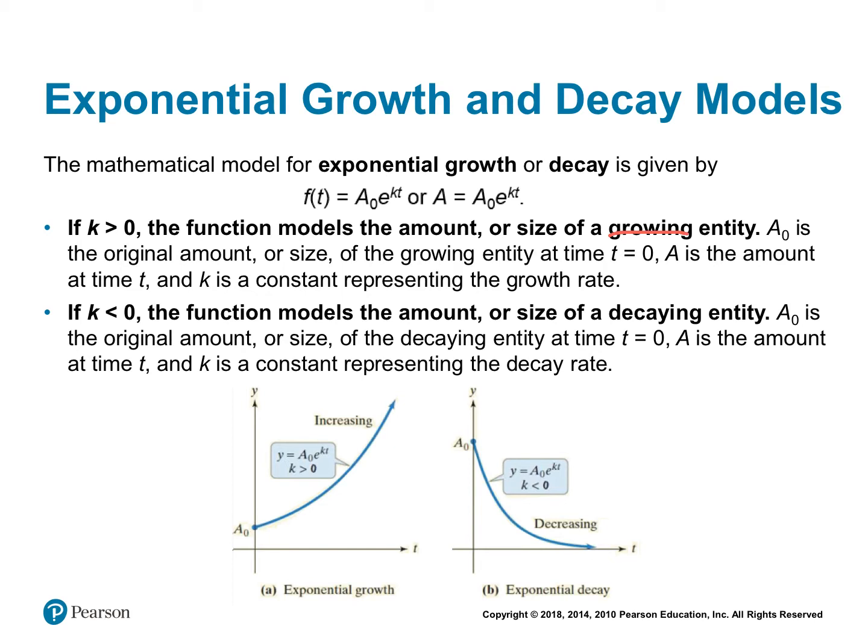A sub 0 is the original amount or size of the growing entity at time 0, so the original starting amount when time was 0. A is the amount at time t, and k is a constant representing the growth rate. If k is less than 0, then we're going to be talking about something that decays or decreases.